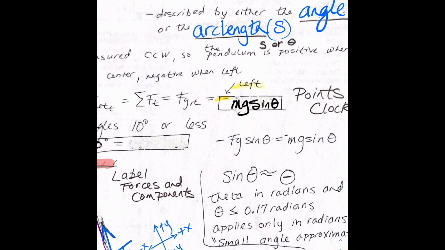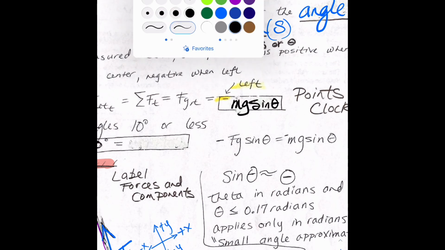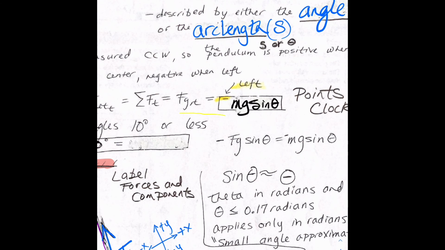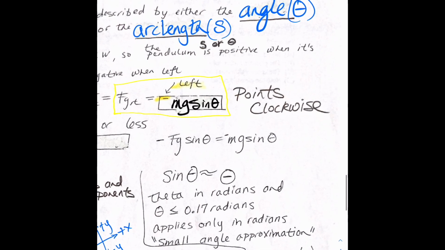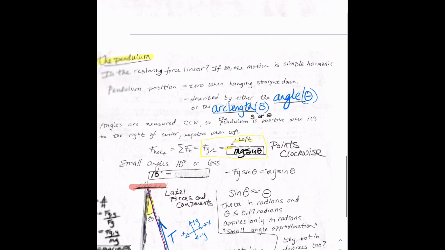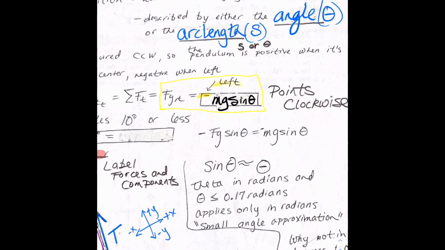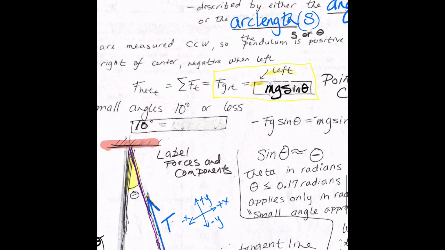Negative mg sine theta for FG tangential. It points clockwise, which is negative, because it points towards equilibrium, and you can kind of see where this is going, I think.